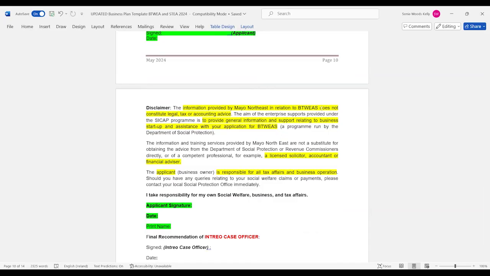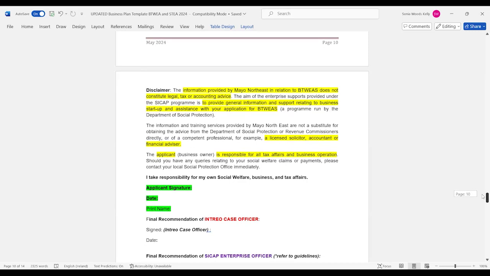It's just merely providing you with general information and support regarding your business startup. If it's a case that you do need legal or financial advice, you are advised to contact and engage with a licensed solicitor, an accountant, or a financial advisor.